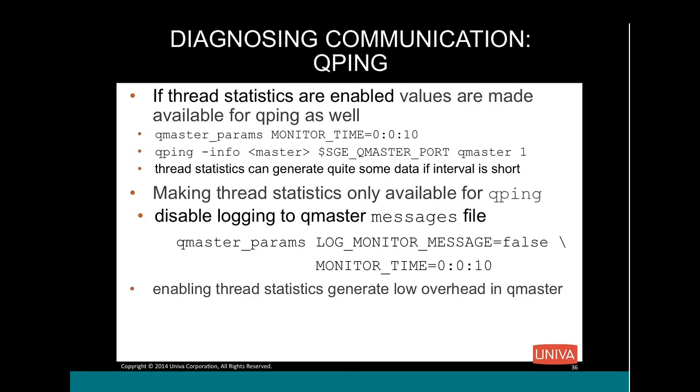You do that by changing the qmaster params and setting log_monitor_message to false, along with the monitor time. That way, you'll get those thread statistics messages in qping, but not in the qmaster messages file, which they could otherwise fill up with a lot of additional data. Again, this doesn't generate a lot of overhead in the qmaster and can be useful to find out what's going on inside the qmaster in situations where it's slow or seems to go away for a little while.